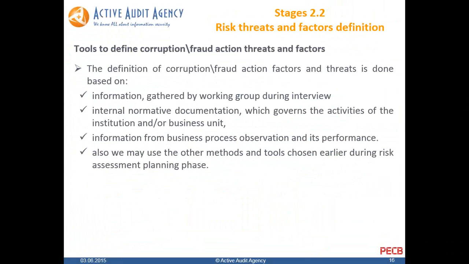Also, we may use the other methods and tools chosen during the risk assessment plan phase. As you remember, it could be Delphi methods, structured interviews, information system audit, questionnaires, media research, etc.